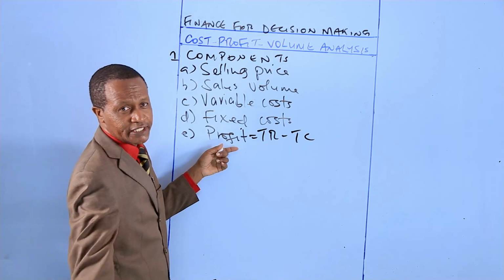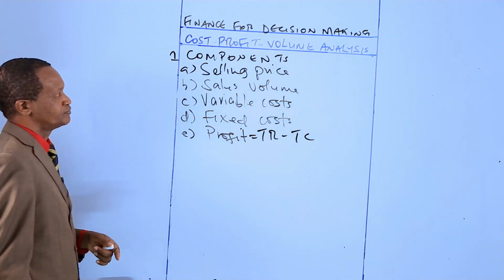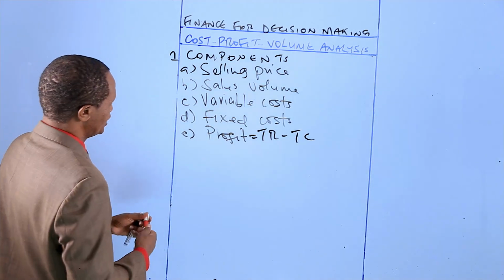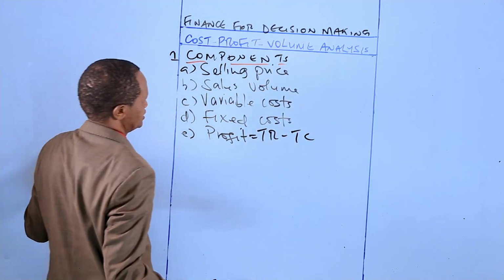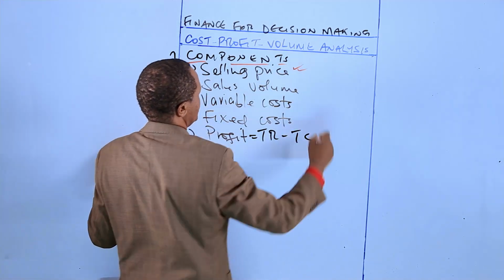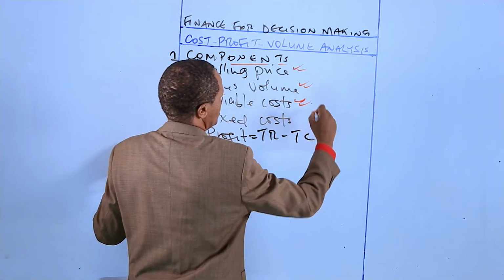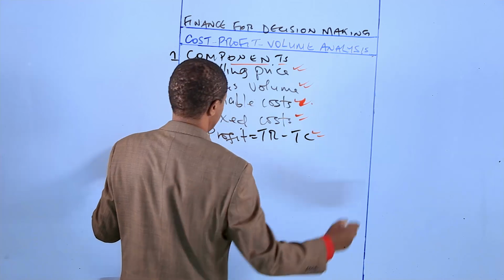It may also be referred to as operating income. So these are the key components of CVP analysis: selling price, sales volume, variable costs, fixed costs, profit.